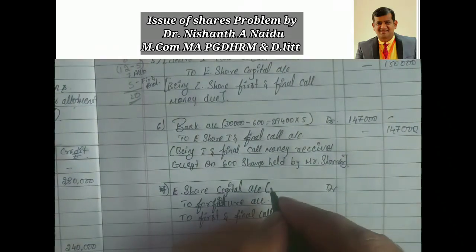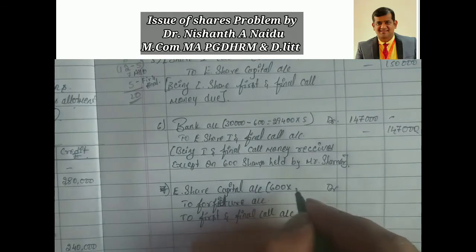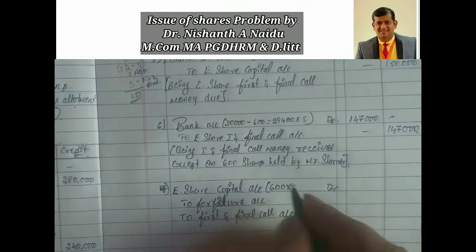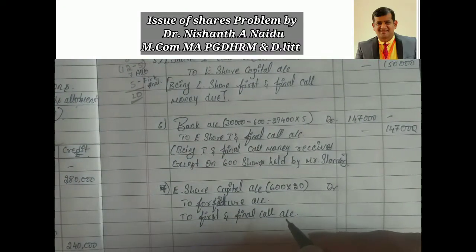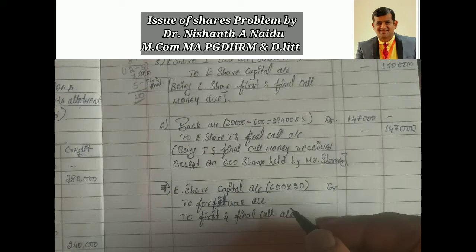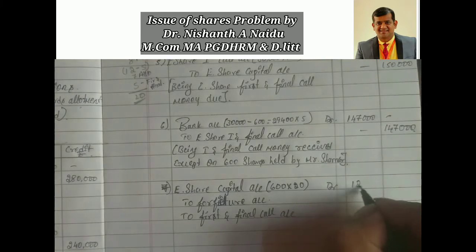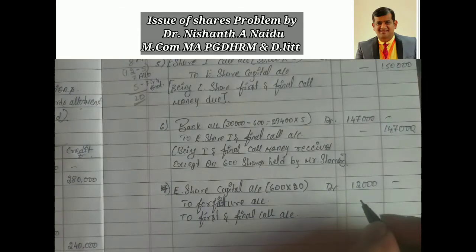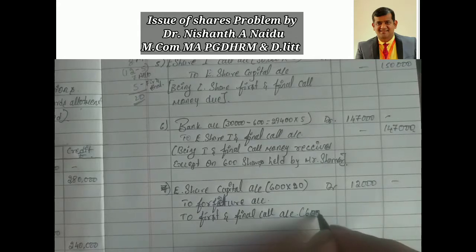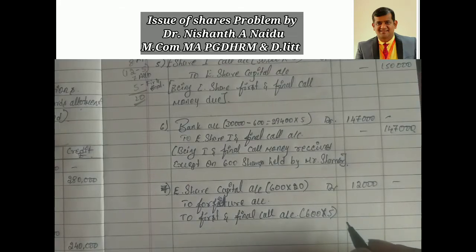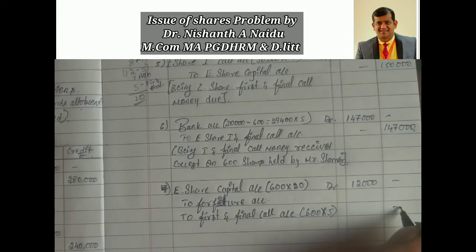The actual number of shares held by Mr. Shankar was 600. The face value of the shares which we have calculated is 20 rupees. 600 into 20 gives 12,000. Actually they are supposed to pay 12,000 on 600 shares. How much he did not pay, we know: 600 shares on final call, which is 5 rupees. 600 into 5 is 3,000, they have not paid.